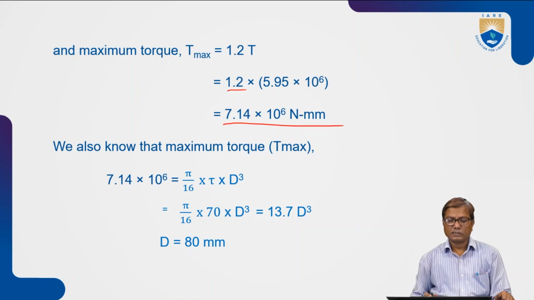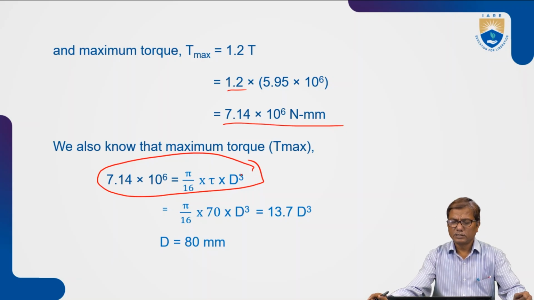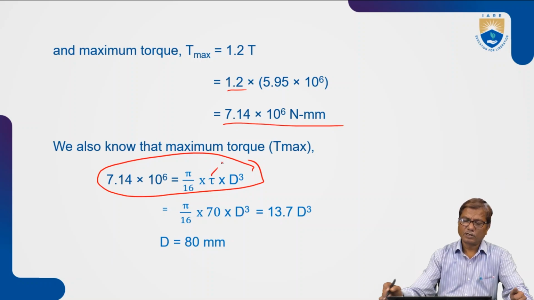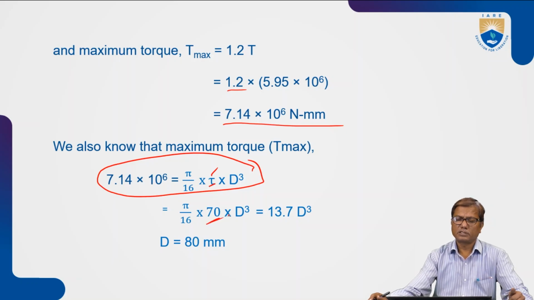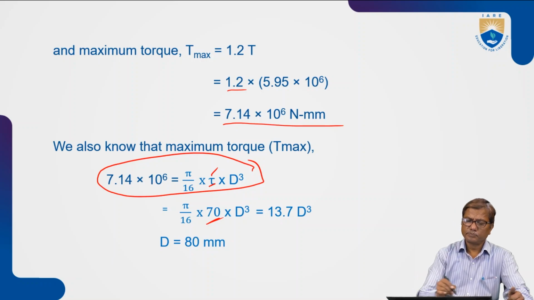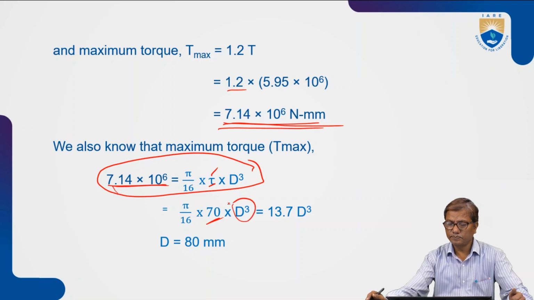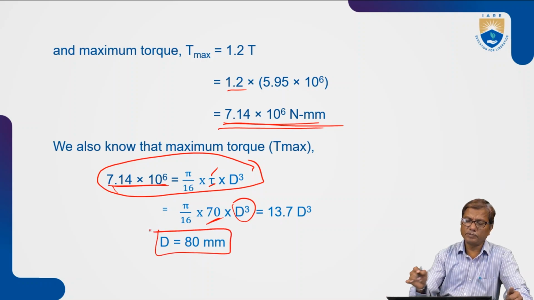And this torque is given by the equation T is equal to pi by 16 d cube tau. Tau is given here, maximum allowable shear stress 70 megapascals, and T is 7.14 into 10 power 6. This maximum torque we substitute here, and we can find diameter D, which comes out to be 80 millimeters.